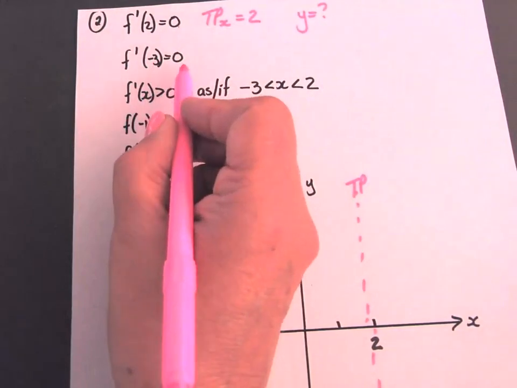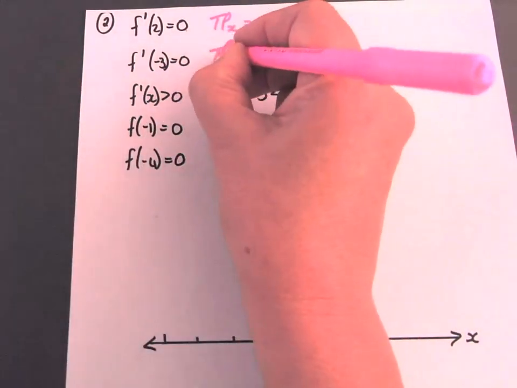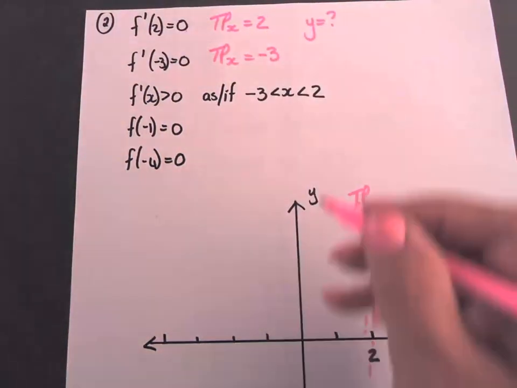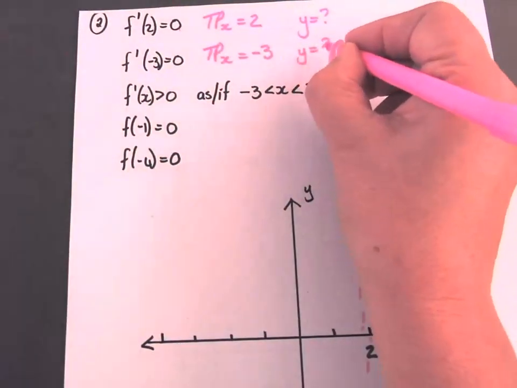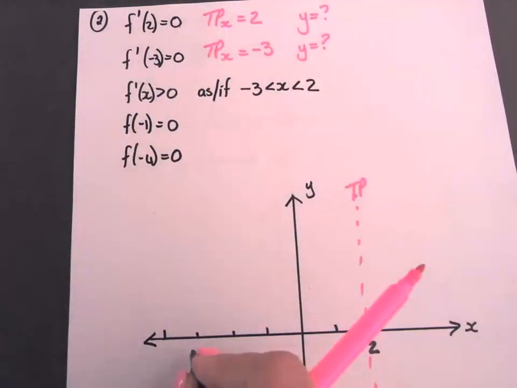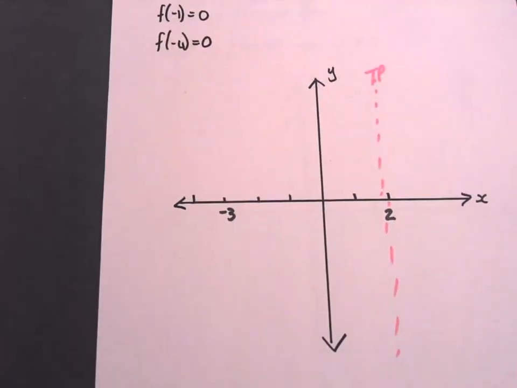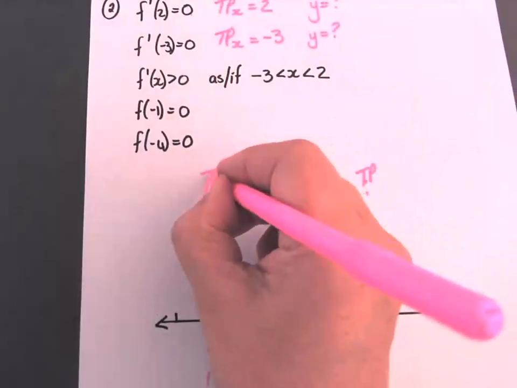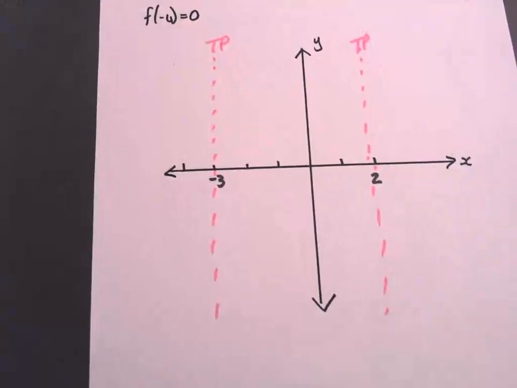The next one, the first derivative at -3 is 0. So we have another turning point. X value is -3. Do we have a y? No. So at -3, we draw our dotted line. That's our second turning point. We know somewhere on that line we have to turn.